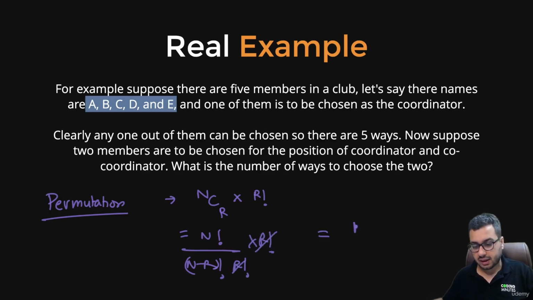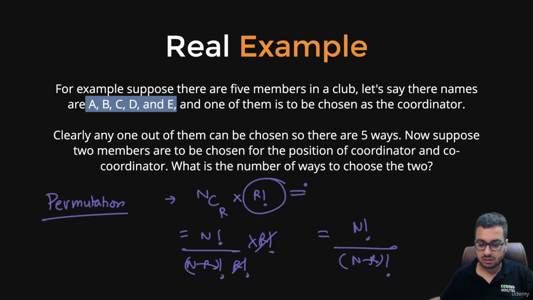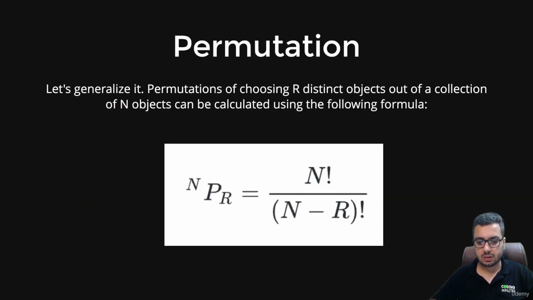The r factorial cancels off, and hence the formula for computing the permutation is n factorial divided by (n minus r) factorial. We multiplied this term because there are arrangements: we can arrange the items in these many orders after selecting them. I hope you understood what permutation is.